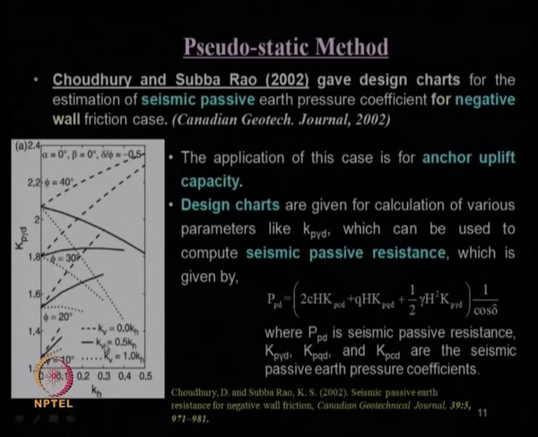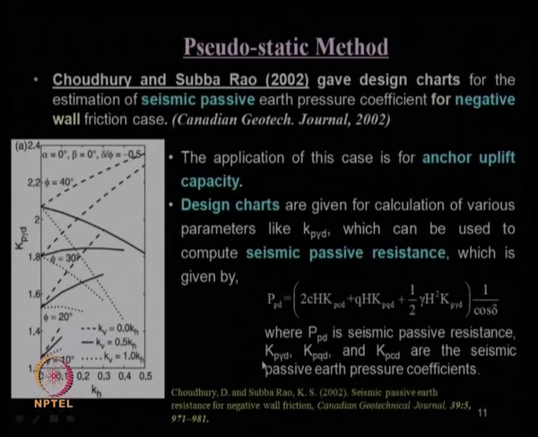You can see kv is 0, kv is half of kh and kv is 1 kh, because these are typical ranges of kv. And as per the AASHTO code, about 2/3 of kh should be considered for design as the kv value. So, for different values of phi, that is soil friction angle, this design chart gives for a particular wall inclination, ground inclination, and for a particular ratio of wall friction angle to soil friction angle, and that value should be negative. As I have already mentioned, this is the case for negative wall friction angle.